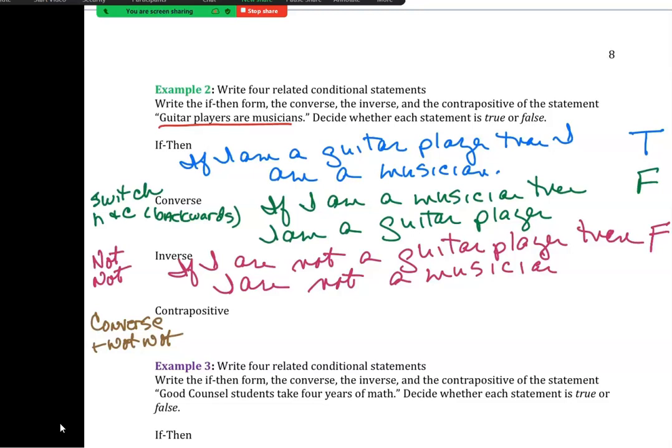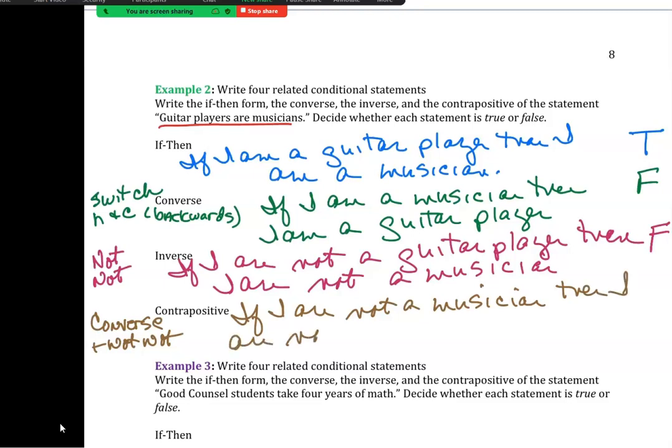Okay, look at the converse. If I am a musician, make it if I am not a musician, then I am not a guitar player.